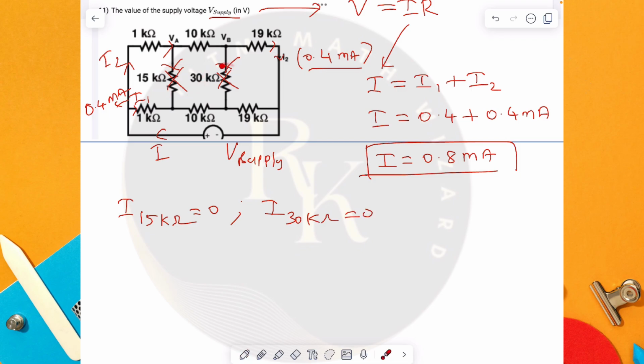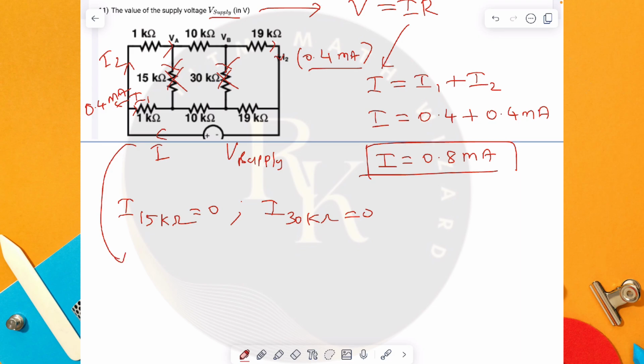Since the current flowing through these two resistors is 0, you can ignore these two resistors, since these opposite resistors are of equal values. Hope you got it. Now this diagram I am going to redraw.